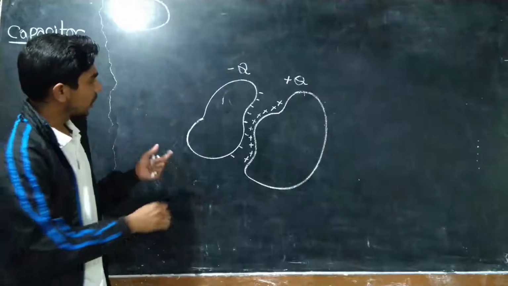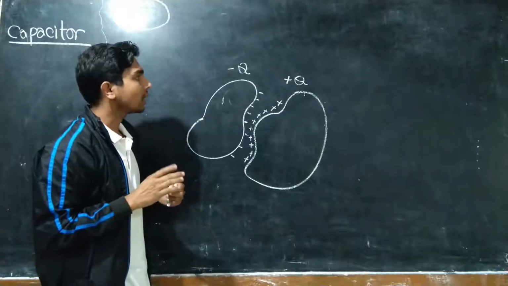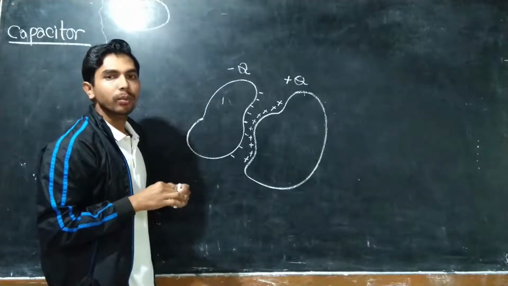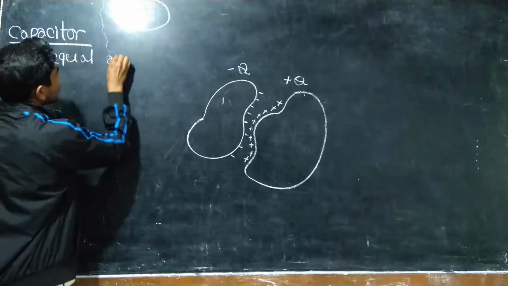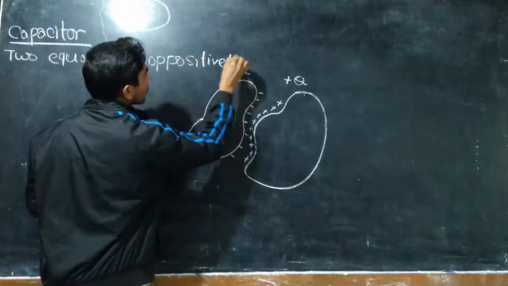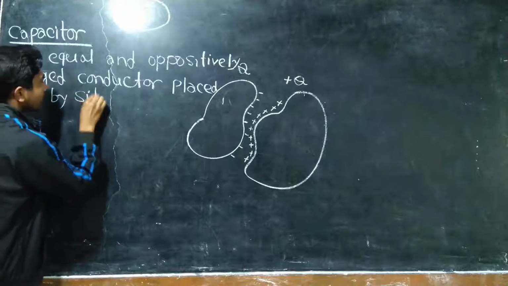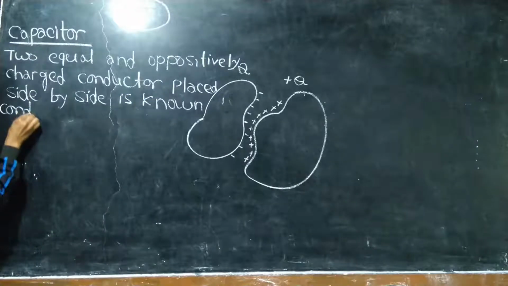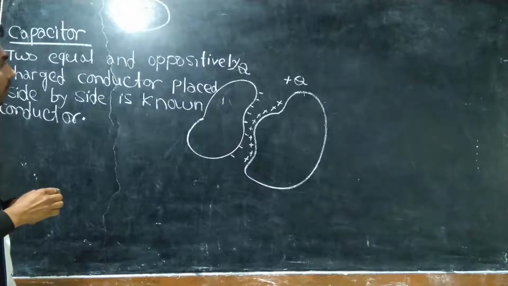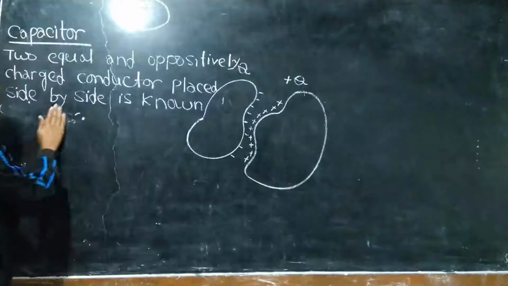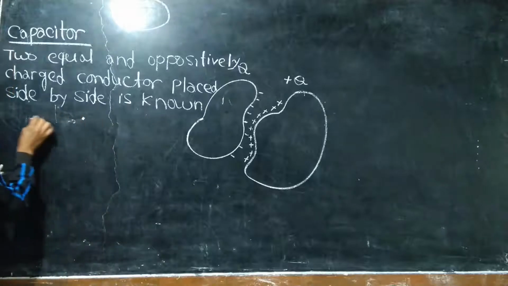So you can see two equal and oppositely charged conductors placed side by side are known as a capacitor. I said conductor by mistake: two equal and oppositely charged conductors placed side by side are known as a capacitor, not conductor.